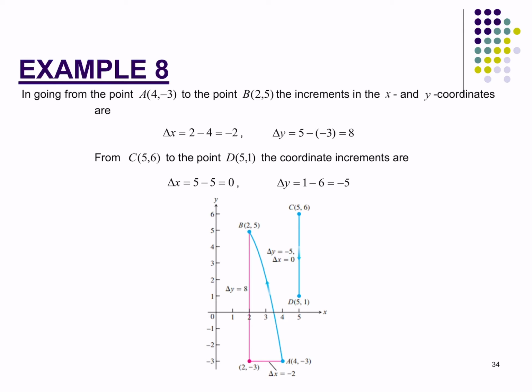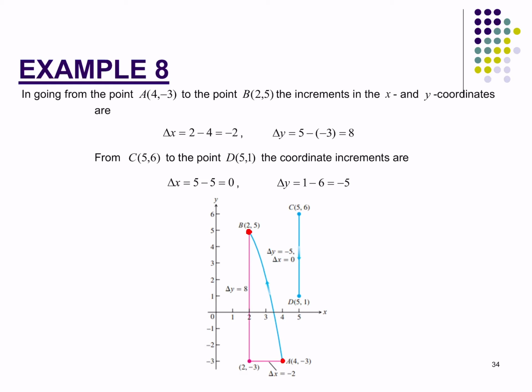In example 8, we go from the point A, located at x equal to 4 and y equal to -3, to the point B, located at x equal to 2 and y equal to 5.